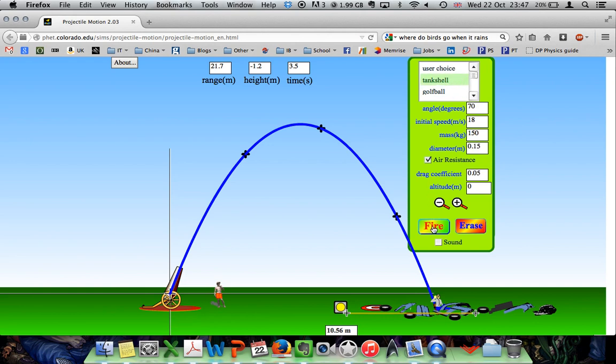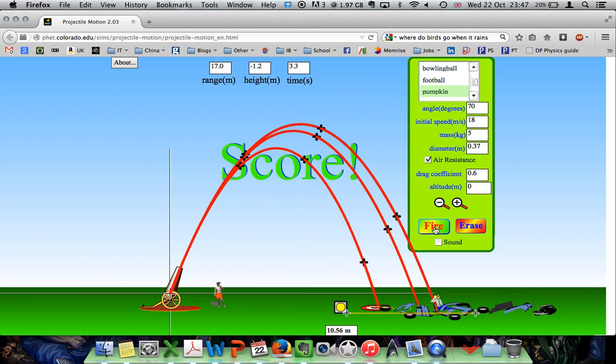Tank shells, very little effect. Tank shells are aerodynamic, they're heavy, very little effect. A bowling ball, a bit bigger, definitely an effect. A pumpkin, big and relatively light, a very big effect.